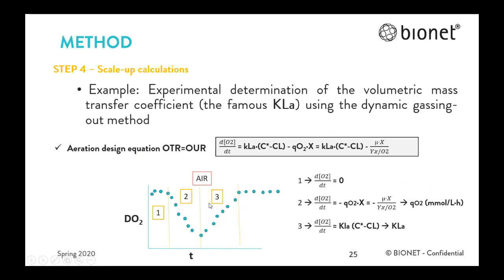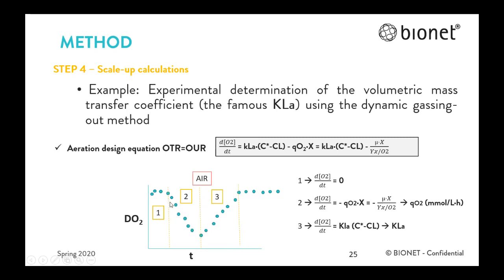So, to calculate the respiratory activity of the microorganism, if the gas supply to the bioreactor is turned off, the dissolved oxygen concentration will decrease at a rate equal to the oxygen consumption by the respiration of the microorganism. Under this condition, the oxygen uptake rate can be calculated from the slope of the plot of the dissolved oxygen concentration after stopping airflow versus time.